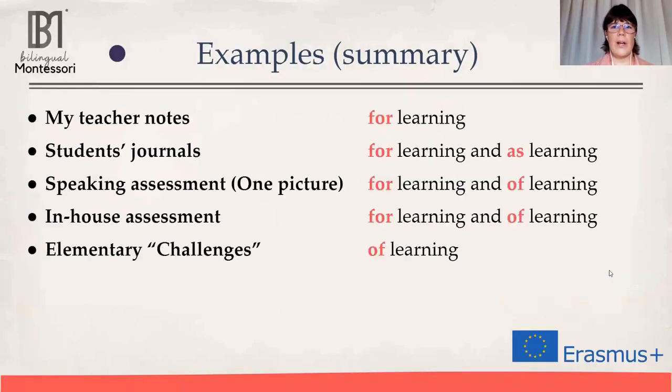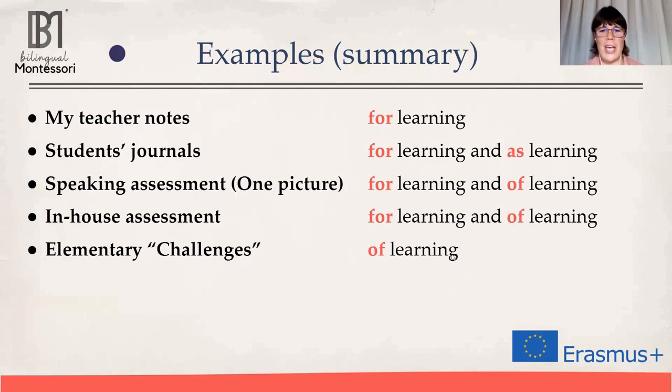Just to summarize all the examples I shared with you today, as you can see, here what I noted is that 3 out of the 5 were, from my perspective, by definition, overlapping 2 assessment types, where the for learning is in terms of my teaching notes and the of learning is in terms of the elementary challenges.